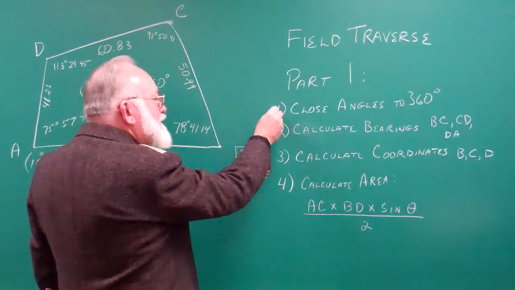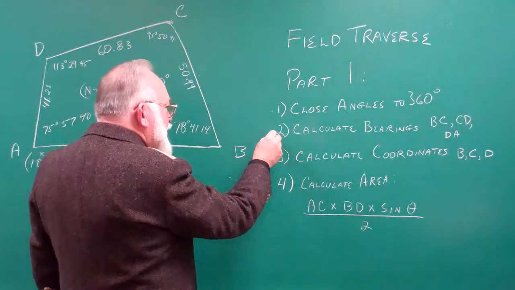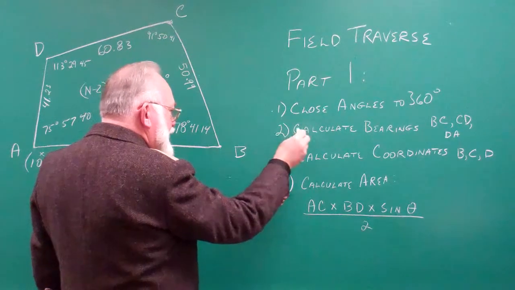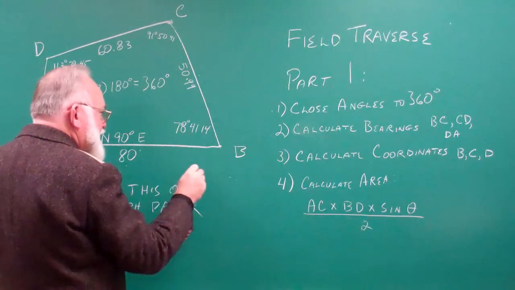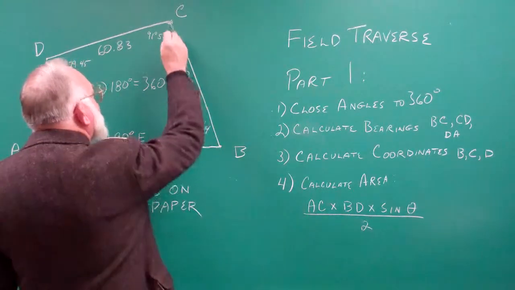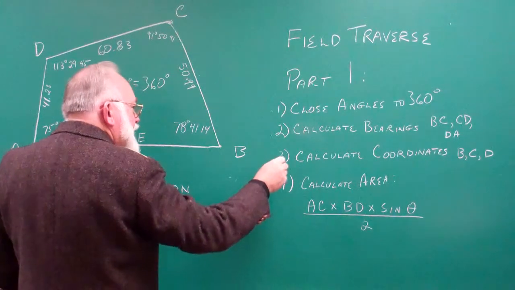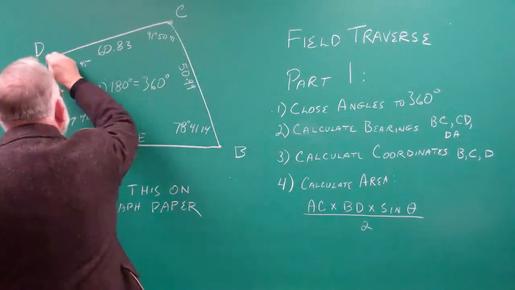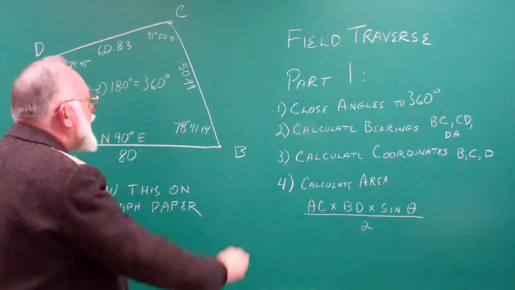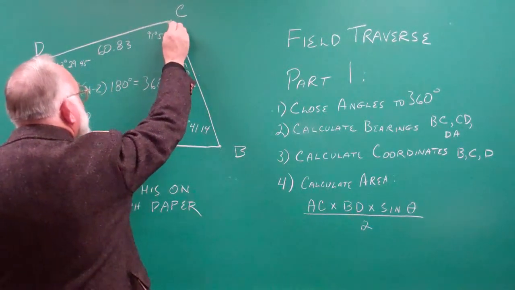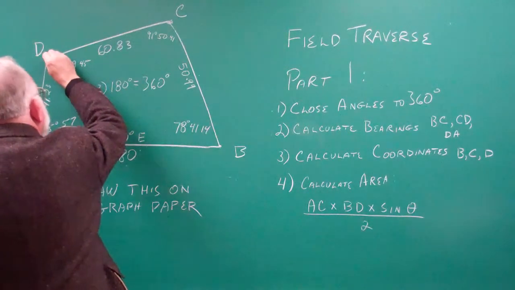So first you close the angles, then you calculate the bearings from A to B, north 90 degrees east. Calculate the bearing B to C, and then calculate the bearing C to D, calculate the bearing B to A. Because you've got angles, then you've got to establish your coordinates for C and D.